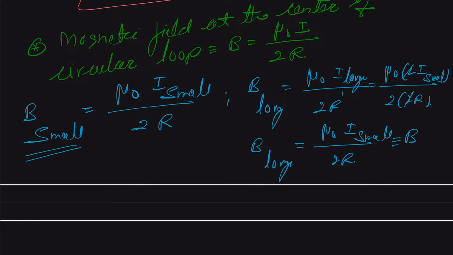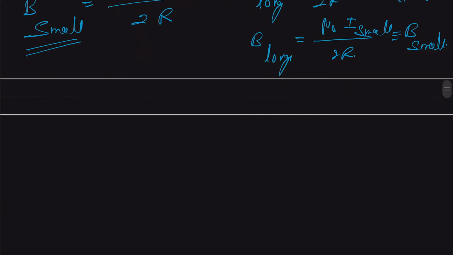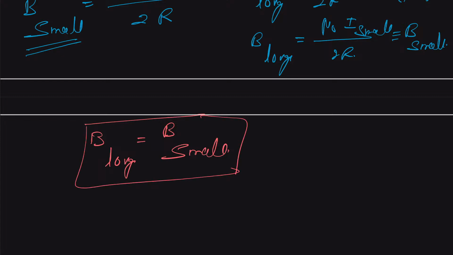Therefore, we can write that magnetic field of our large is equal to magnetic field because of our small at the center. So the magnetic field in both the cases are equal. Okay.